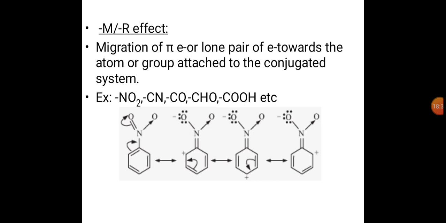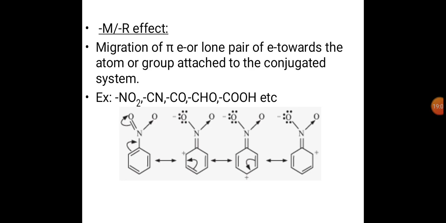So in the example of nitrobenzene, we see the pi electrons moving towards nitrogen, thus creating positive charge or electron deficiency only in ortho and para positions.